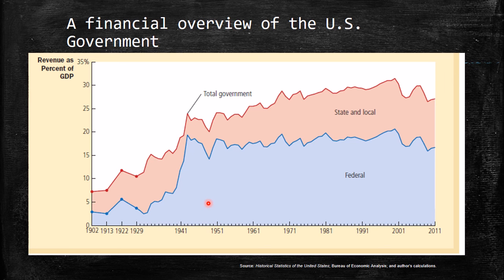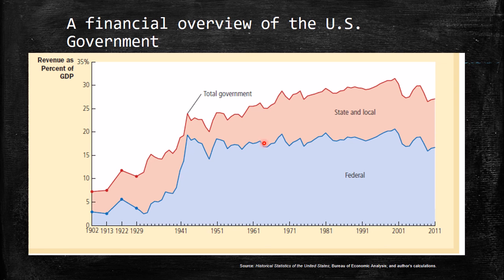Basically, we would say that it's because after the Second World War, naturally national defense represented an important quantity of the government's revenue because it was wartime. For this reason, you see how it increased dramatically here.